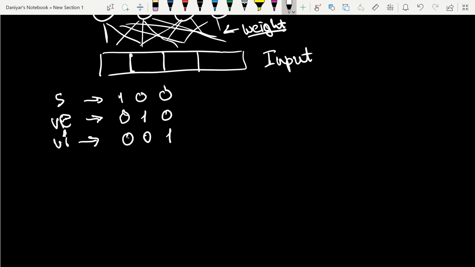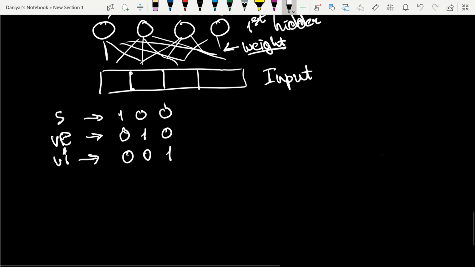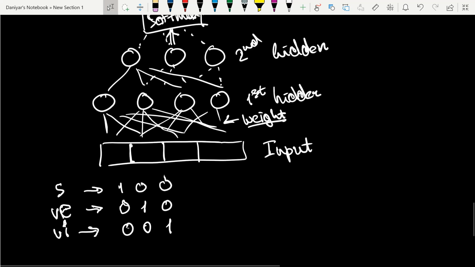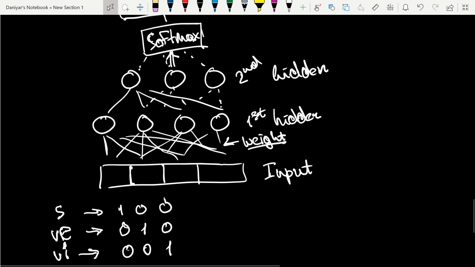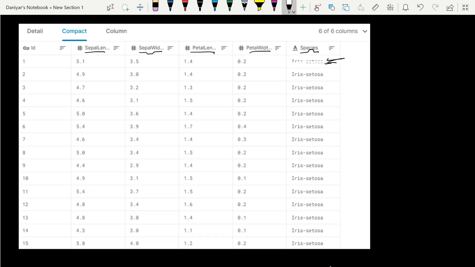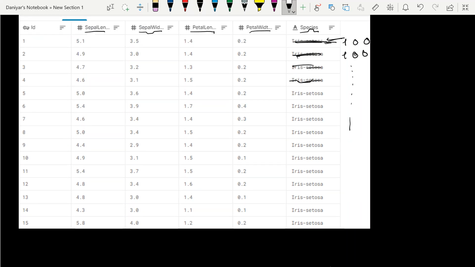To be more illustrative, if you go back to our data set, we'll try to replace this with the following: 1, 0, 0, 1, 0, 0, and so on. And then for a different type of species, the one-hot encoding is going to be 0, 1, 0, and it'll be different for the third type of species.